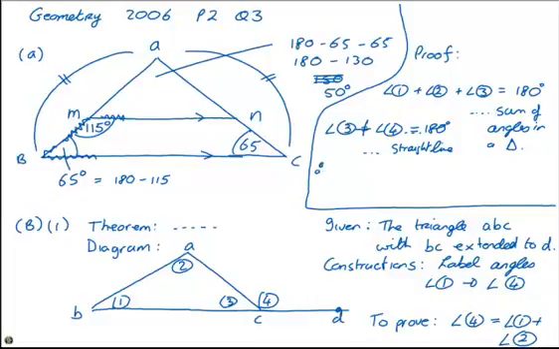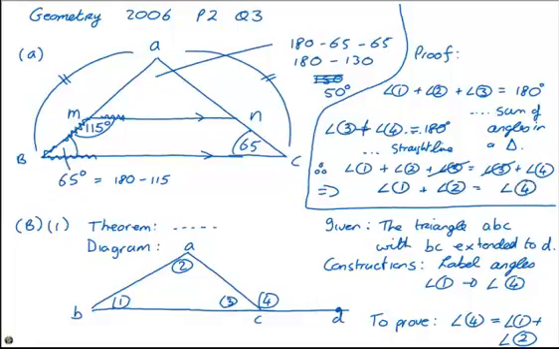So, therefore, angle 1 plus angle 2 plus angle 3 is equal to angle 3 plus 4. Of course, the angle 3's cancel out. And your proof is done.